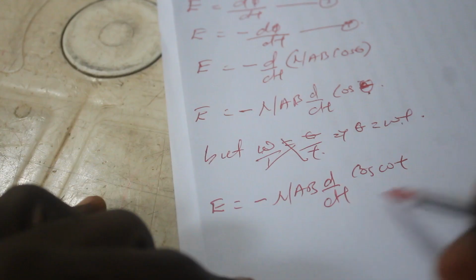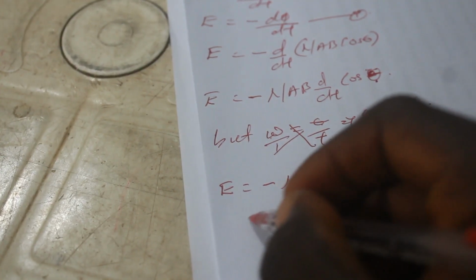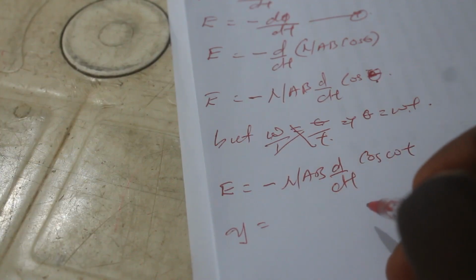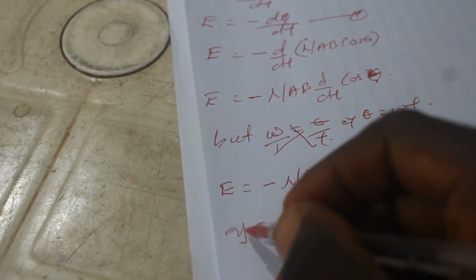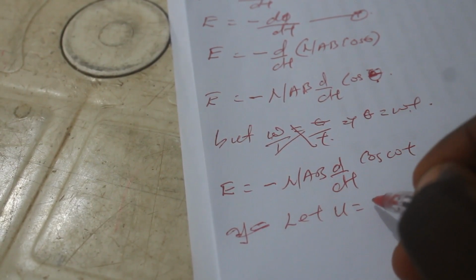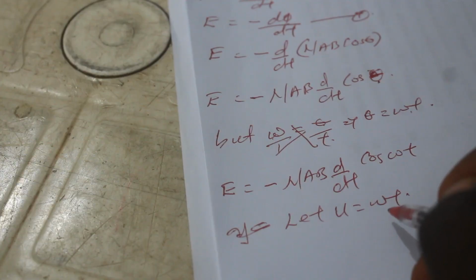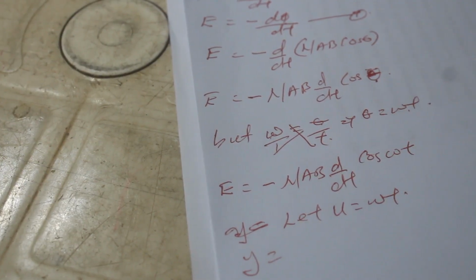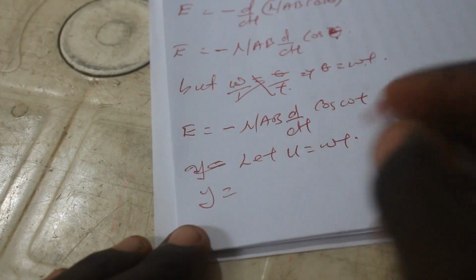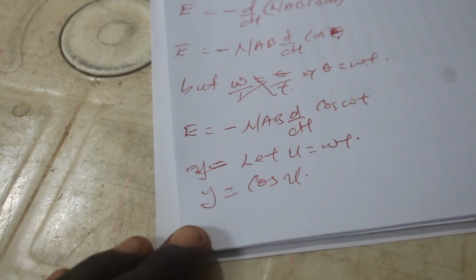So now we have to first find how we can differentiate this. Let u be equal to omega t. We are trying to use differentiation of a function of a function. That means y will be equal to cos u.